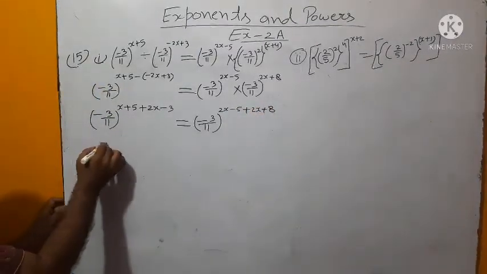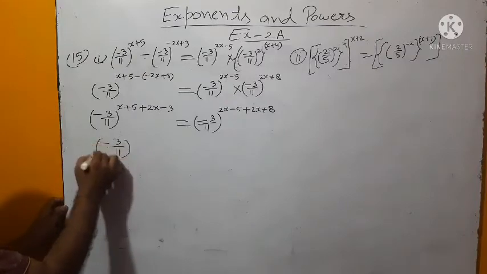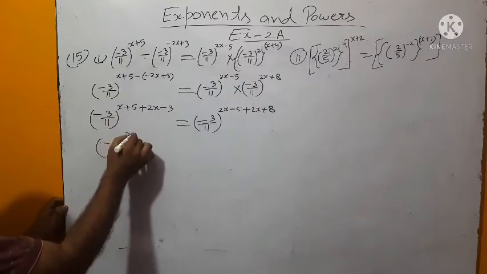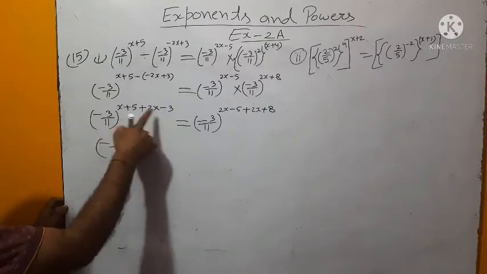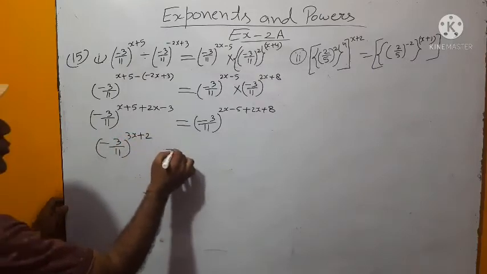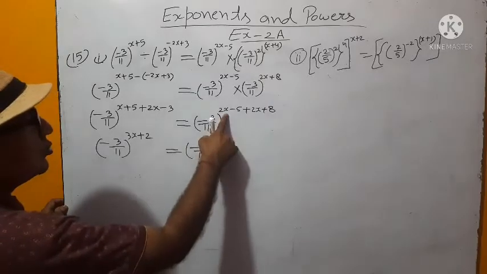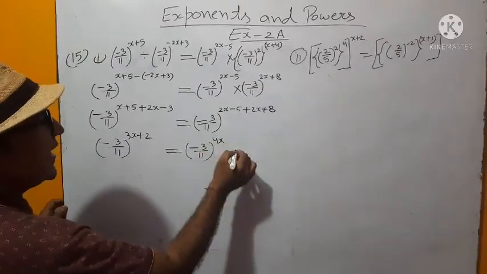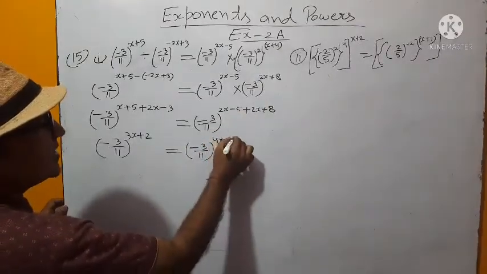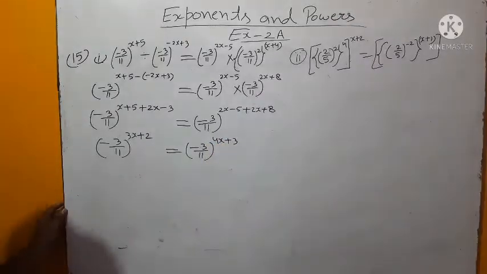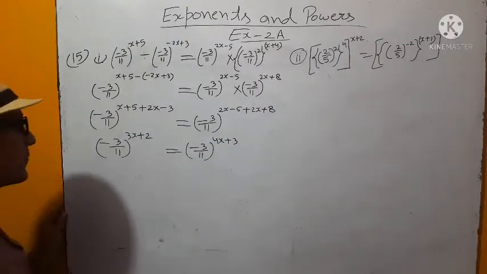Okay. Now x plus 2x, 3x, plus 5 minus 3 is plus 2. 2x plus 2x, 4x, 8 minus 5 is plus 3. Now watch here, the last law of the exponent.